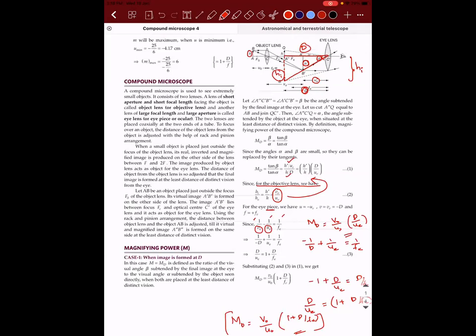I suggest everybody to write it. Let me know once you are done copying. Done, guys?